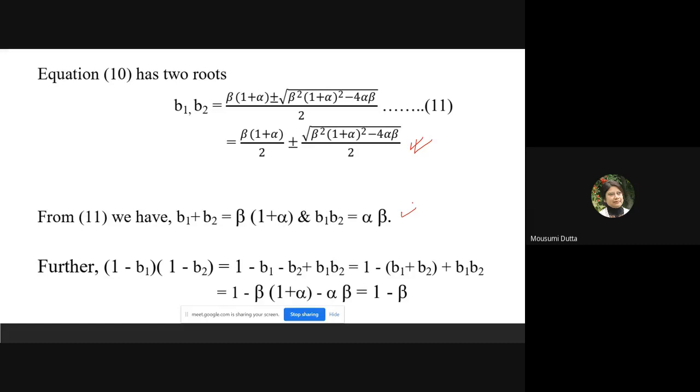Can you tell me whether 1 minus b1 into 1 minus b2 will be positive or not? If beta strictly lies in between 0 and 1, it will be positive. If beta is 0, it will be equal to 1. And if you allow weak inequality and beta is 1, it will be 0. For the standard practice, it is positive.